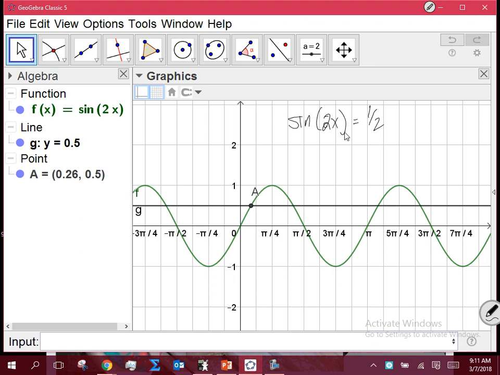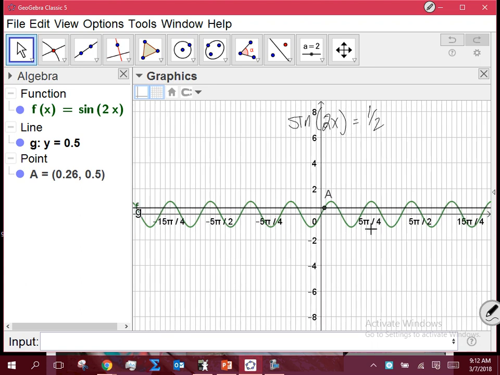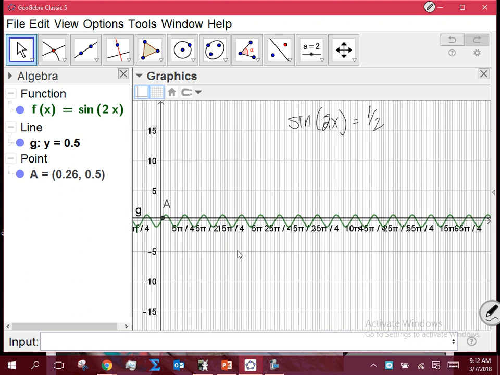And I think it's important that we understand how the graphs of sine and cosine work and relate, so we can better interpret how many solutions we are going to have to that equation. You're going to have an infinite number of solutions, okay?